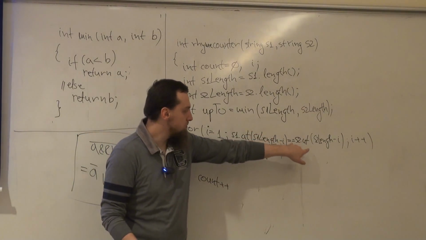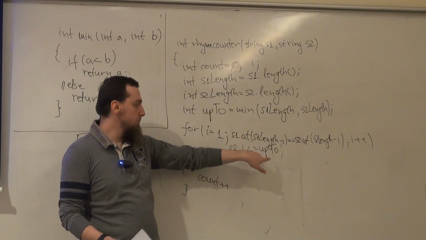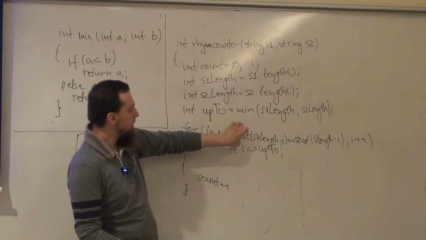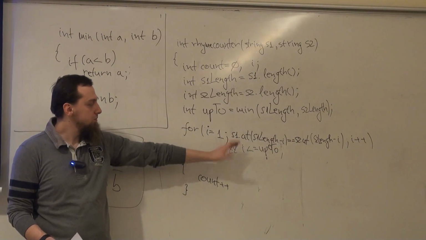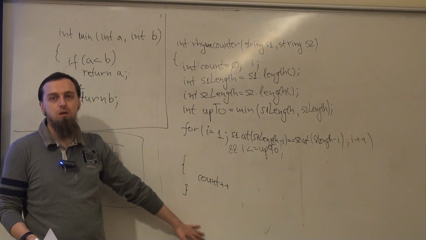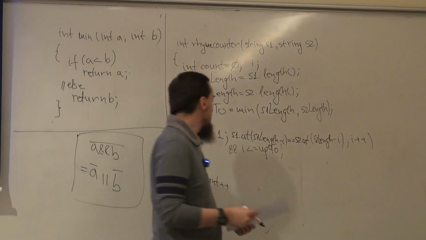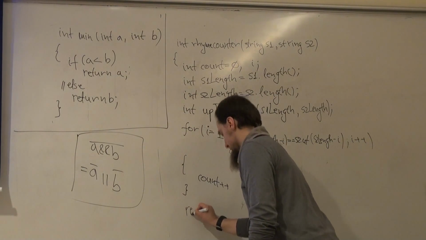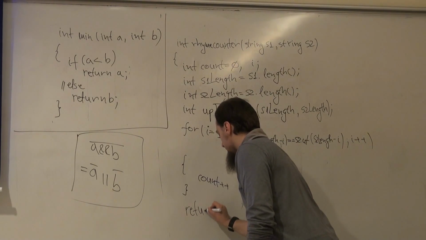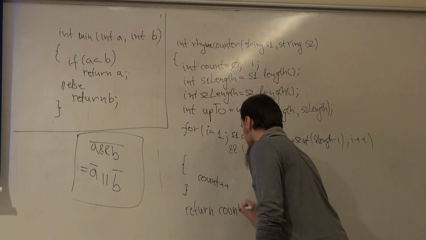If they don't match, or if we have gone further than the minimum, so if any of those two is not correct, then skip the for loop, finish the for loop, go outside the for loop, and what should we do? We should return the count. This was what the function was asking from us.